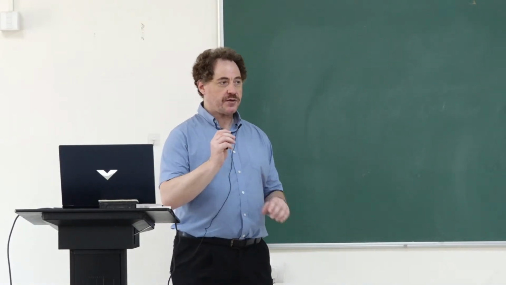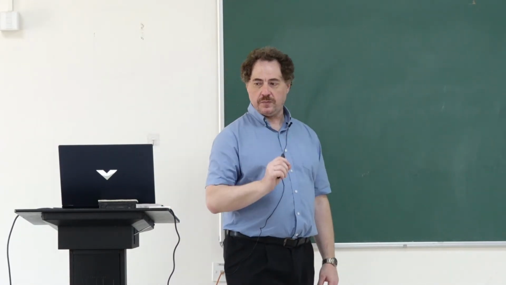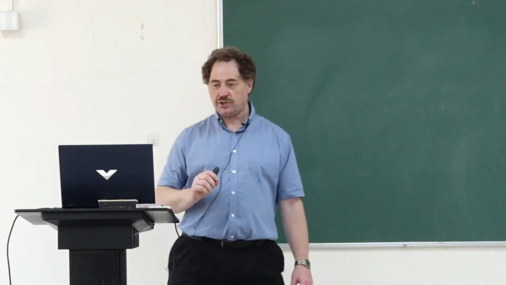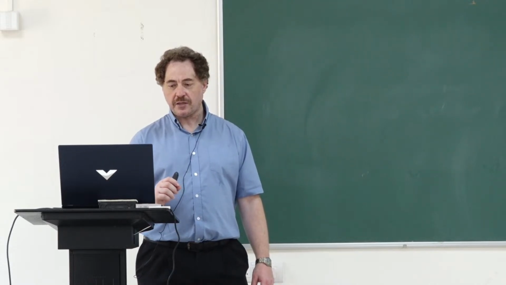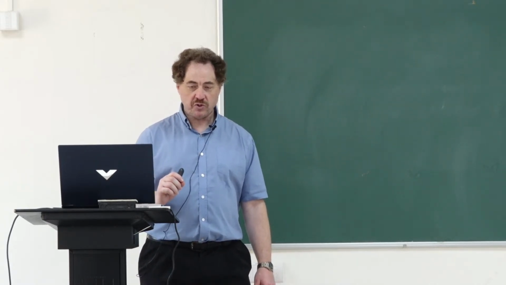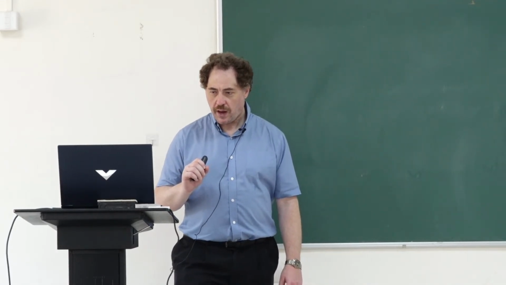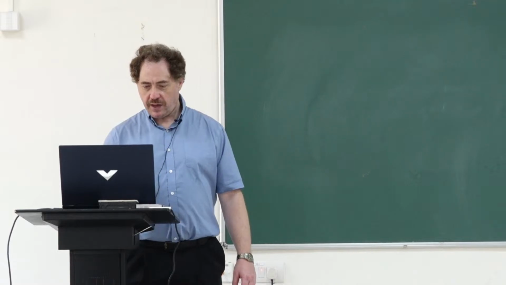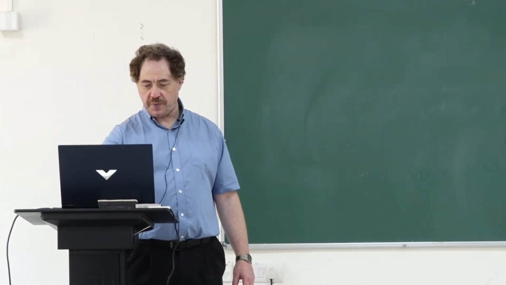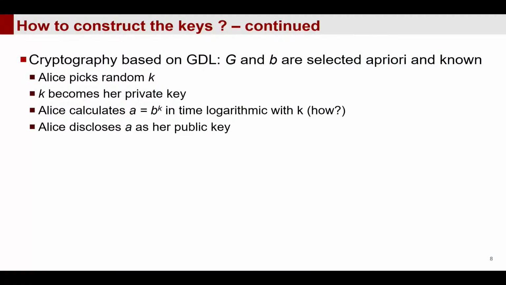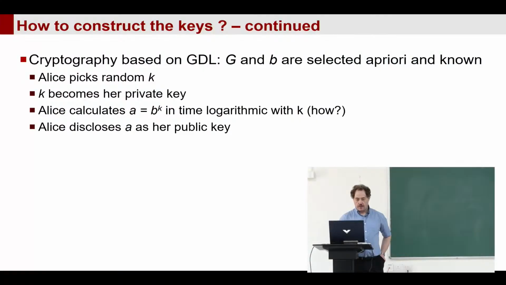Now, suppose Alice wants to generate her own key pair, the public key and the private key. What does she do? Alice picks a random number k, which becomes her private key. Then Alice calculates a equals b to the degree of k, and a becomes her public key.